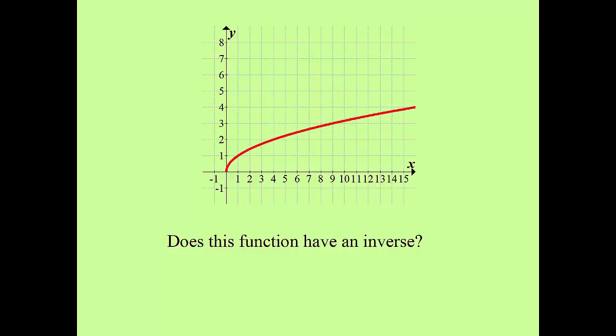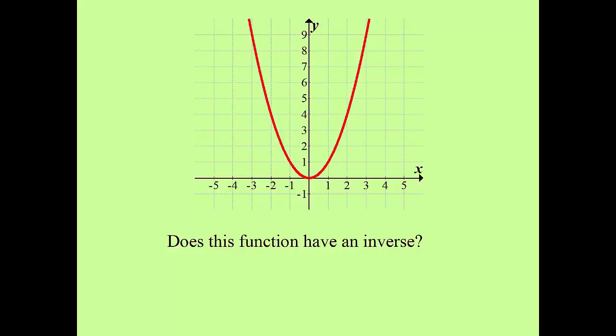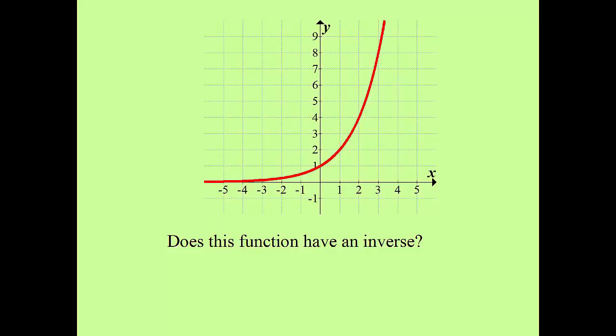This one does, so it would have an inverse. This one, however, does not have an inverse. This one that we studied recently does have an inverse. And that's where we're going to be focusing in this chapter, the inverse of the exponential function.